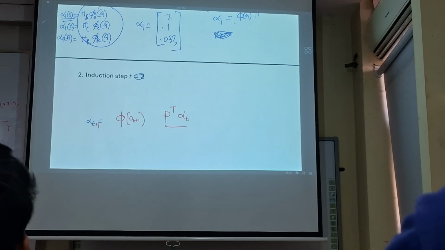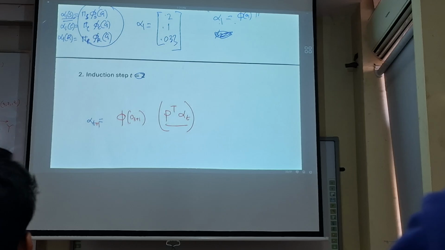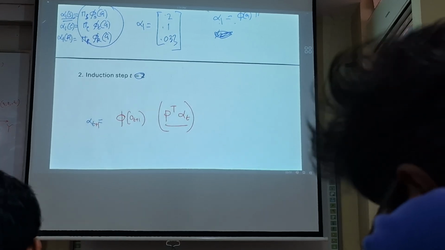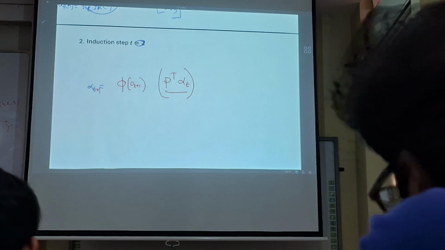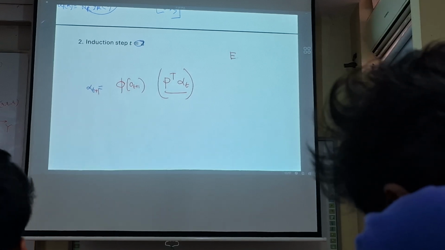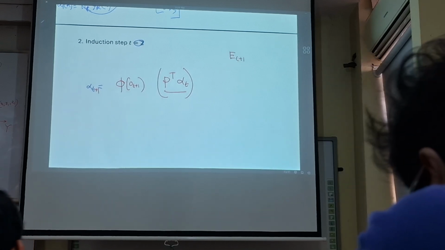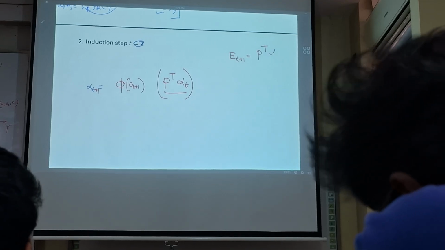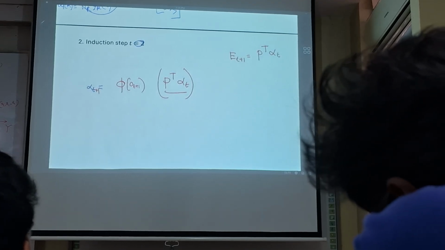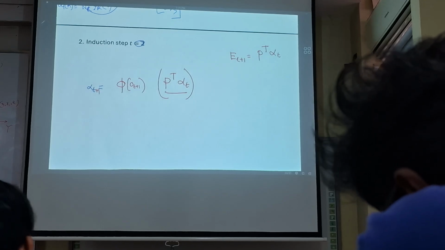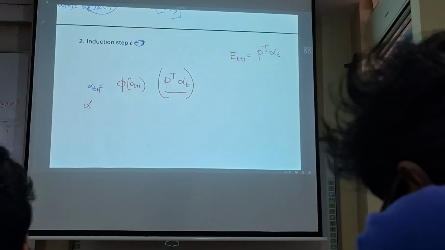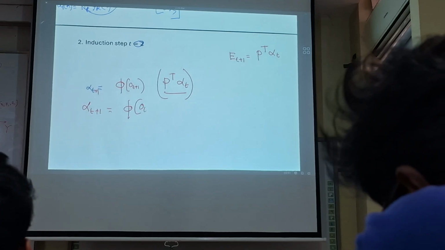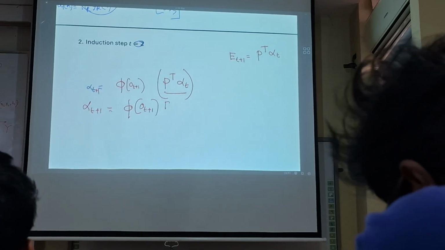But this one should be done first. Right? So you can write it this way, or you can calculate an intermediate vector E t plus 1, which is P transpose alpha t, and then your alpha t plus 1 will be phi G of t plus 1 times E t plus 1.